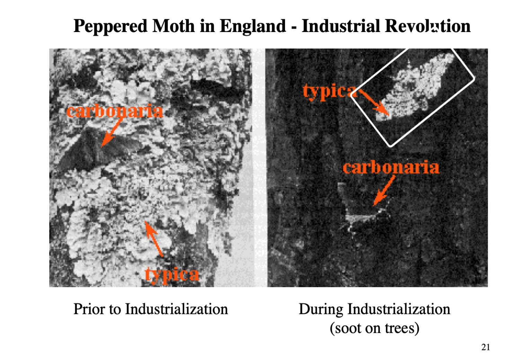And so now the typical form, which was mottled black and white, showed up more clearly on the tree trunks, and the black mutant was not seen as well by the predators. And so the distribution of black moths versus the mottled typical type changed dramatically, so that the black type were more common than the mottled normal type.